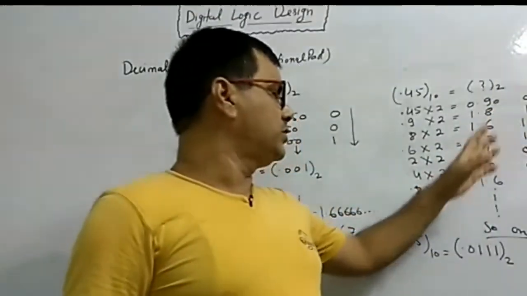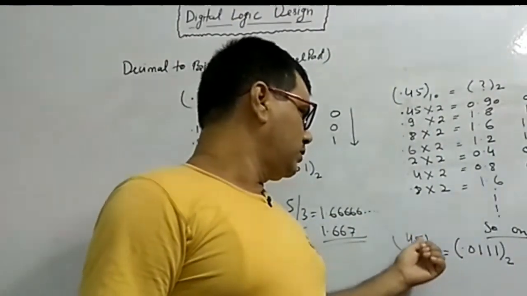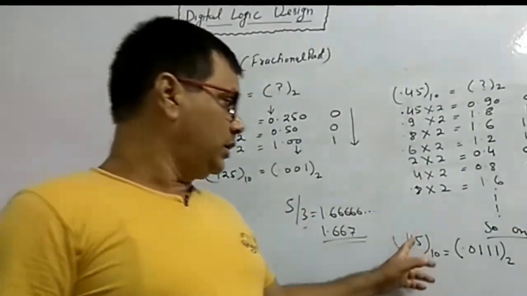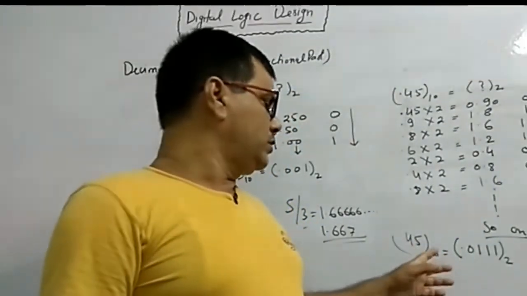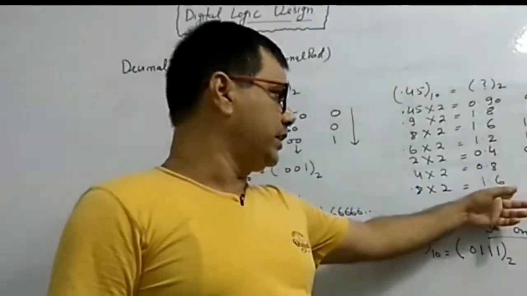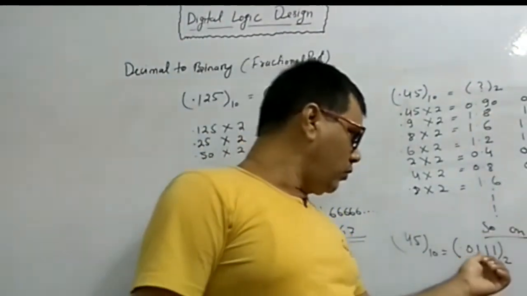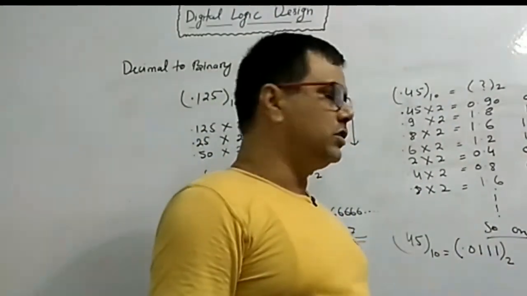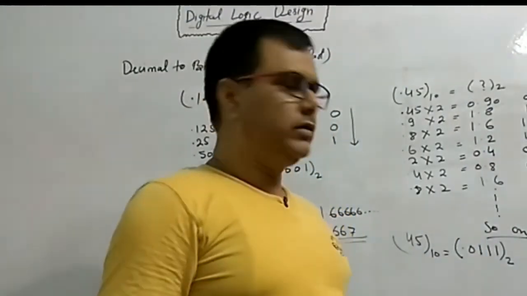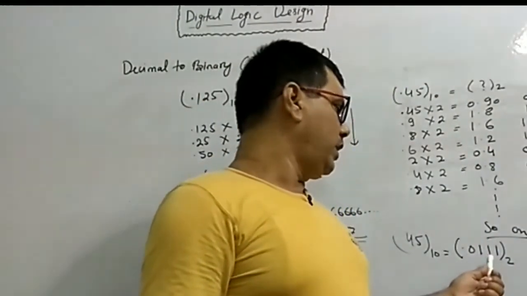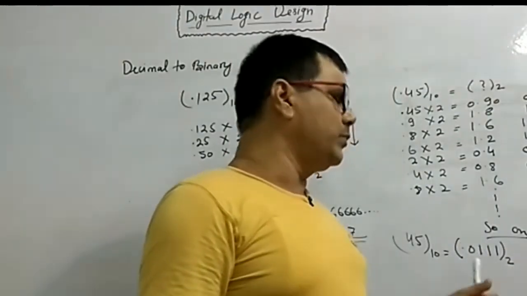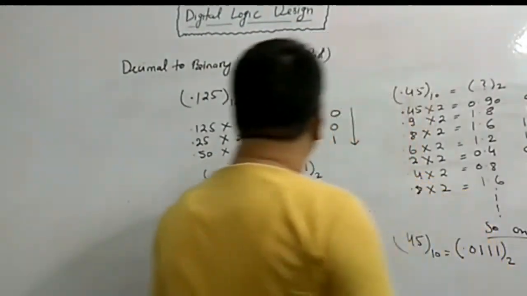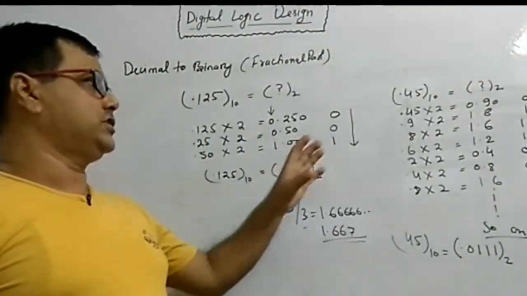And that's why, in the binary number system, we take approximation. When we go to the right side after the decimal point, the bit position values become very small, so we can ignore them after some bits. So these are the two cases of the fractional part.